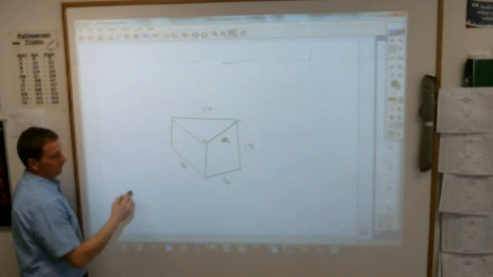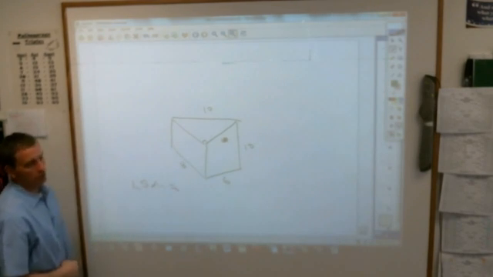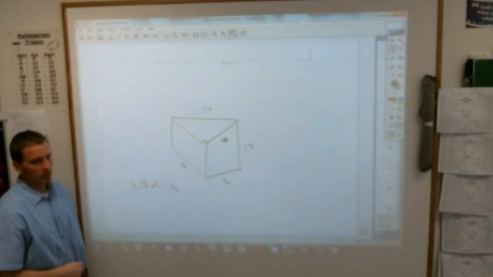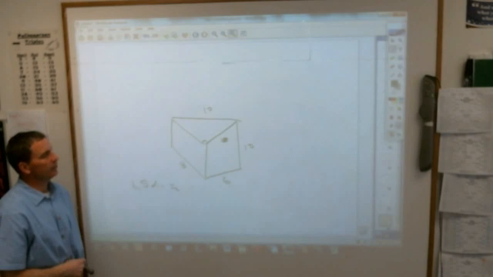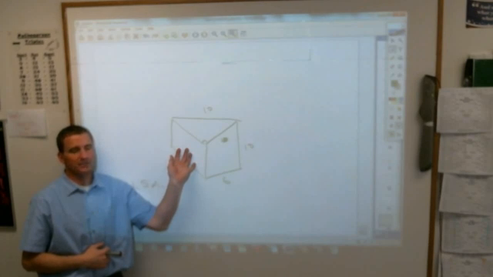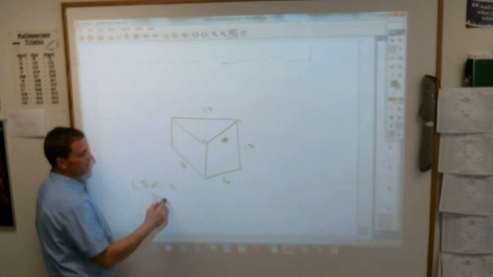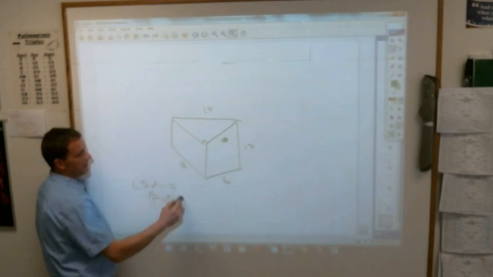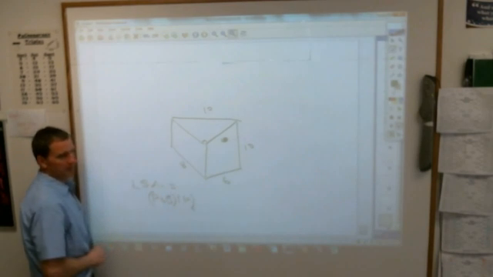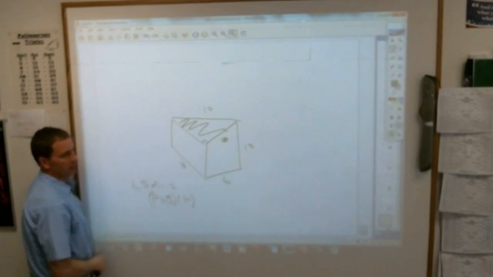If you were looking for the lateral surface area, what would you do? You never have to tell me. You just walk away. If I'm trying to find the lateral surface area of this member, I'm going to do the perimeter of the base times the height. What shape is my base? How do I find the perimeter of that triangle?